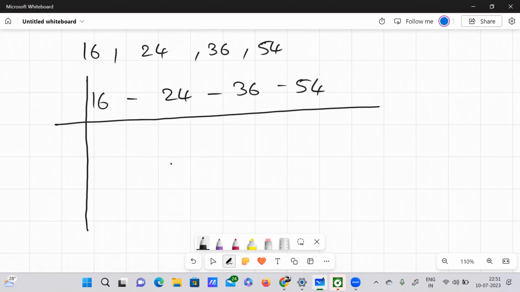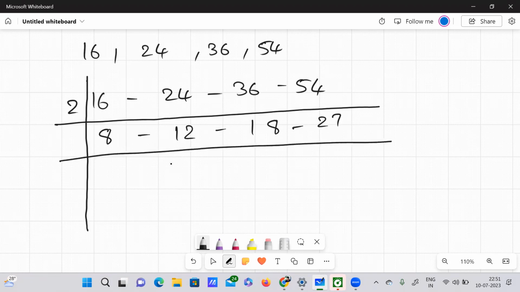Instead, you can calculate it by combining all these things. For example, 2 8s are 16, 2 12s 24, 2 18s, right? And 2 27s. And again, you can choose 2 fours, 2 sixes, 2 nines.